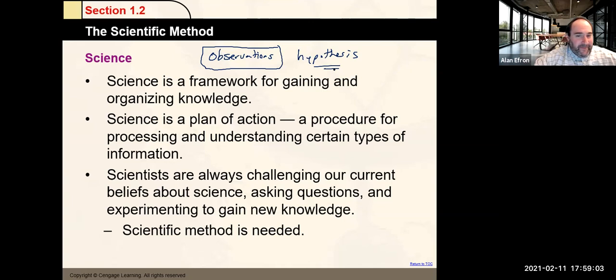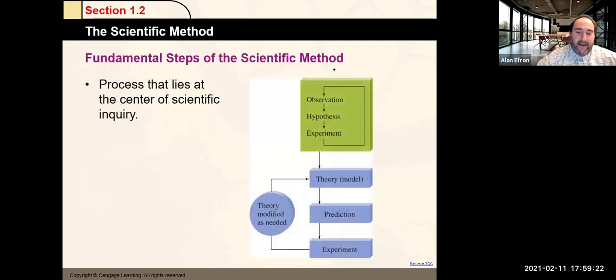And this is the part where it can lead into perhaps a vicious circle, because usually when you do experiments, you observe things, and perhaps you observe things you didn't expect to observe or you didn't see the first time. That leads to more questions. That leads to you revising your hypothesis, retesting, and so forth. So it can be a circle, as you can see here by the arrows.